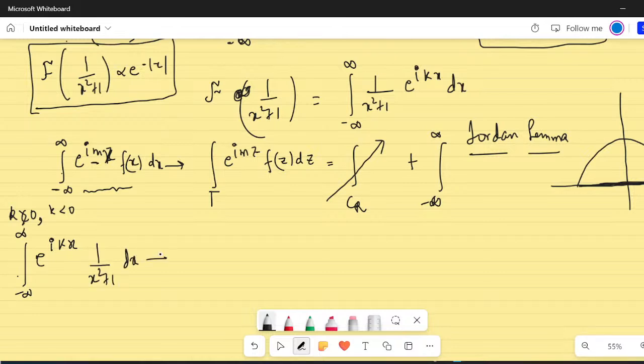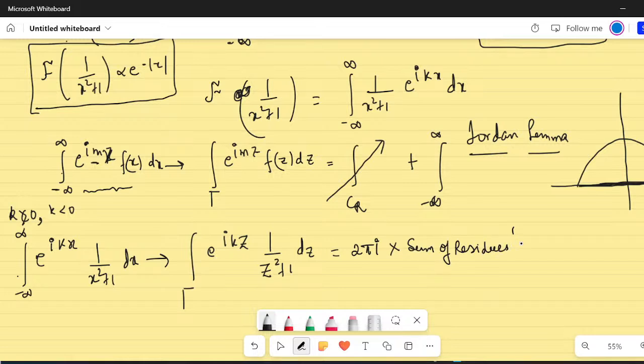As I stated, I will replace it by a contour integration, which will be equal to e to the power iota kz, and then you have 1 upon z square plus 1 dz. And you know from your theory of calculus of residues that this is equal to 2 pi iota into the sum of residues.